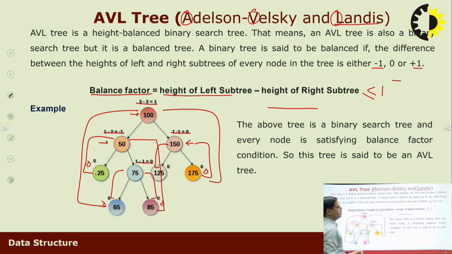At each node, we are getting these 3 values. That means the tree is balanced. If we are getting any other values except these 3 values, then we will say that the tree is unbalanced at that particular node.